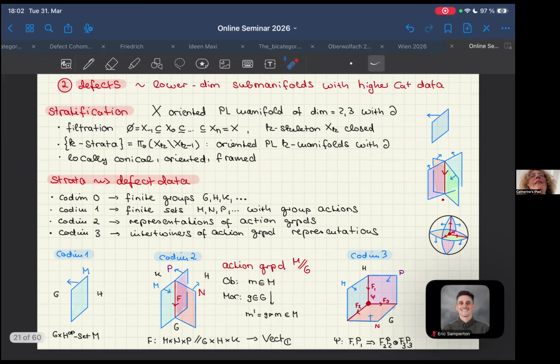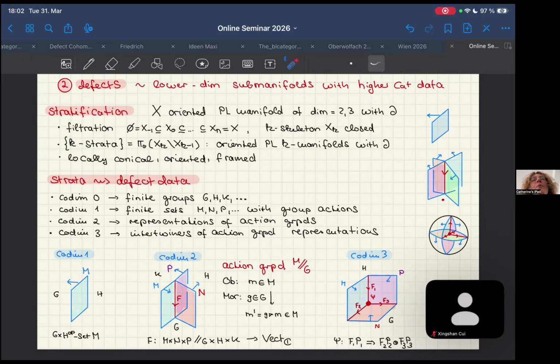And finally, in codimension 3, we will then get intertwiners between action groupoid representations. Intertwiners here are just natural transformations, but one needs to be a bit careful. So here we have a situation: we have one edge here, one edge here, and one edge here, and they meet at this vertex in the middle. Each edge comes with an action groupoid and the action groupoid representation, but what we need for this vertex is to combine the action groupoids of all the edges.